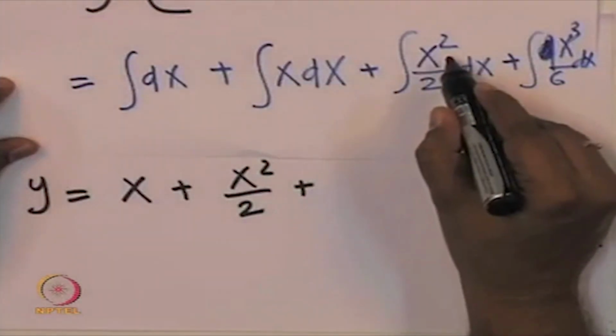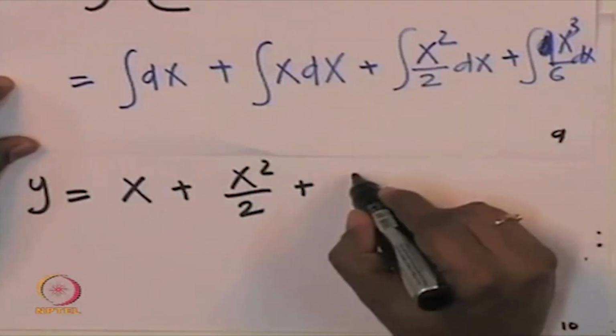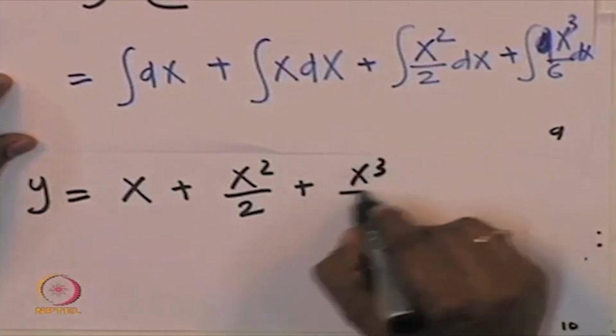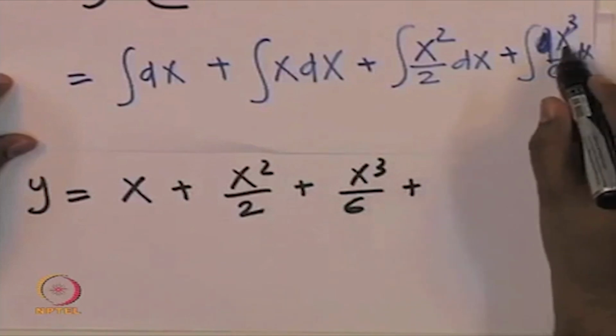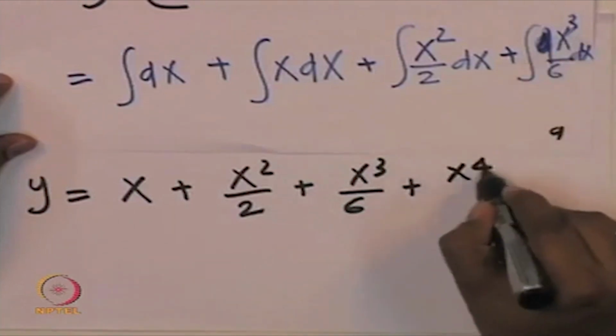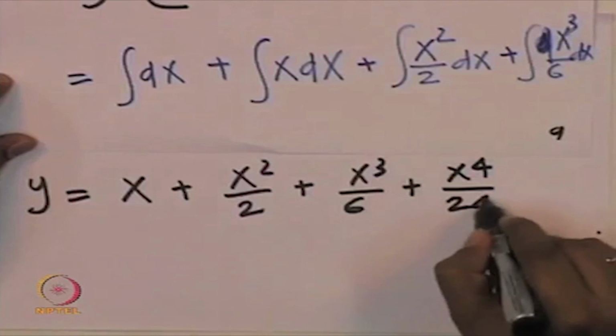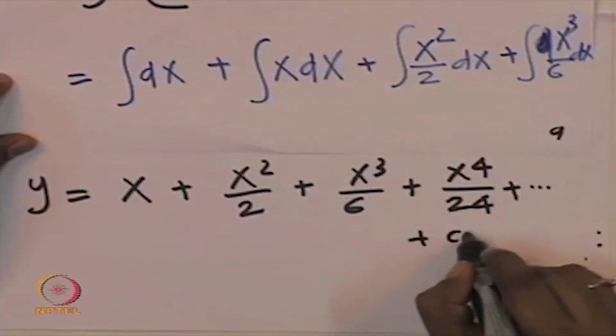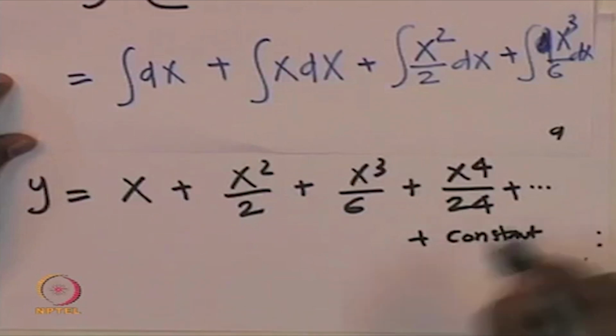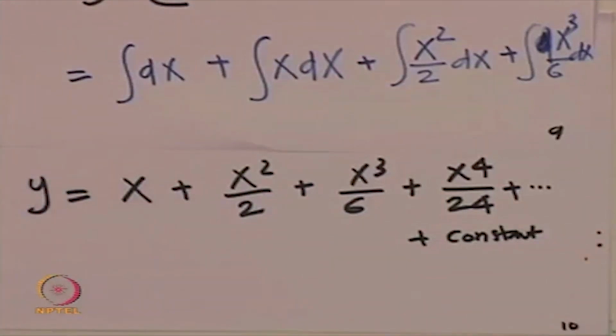The integral of x square is x cube by 3, and 3 into 2 becomes 6, so x cube by 6. Then x power 4 by 4 into 6, that is 24, plus a constant. So, this is the answer you will get.